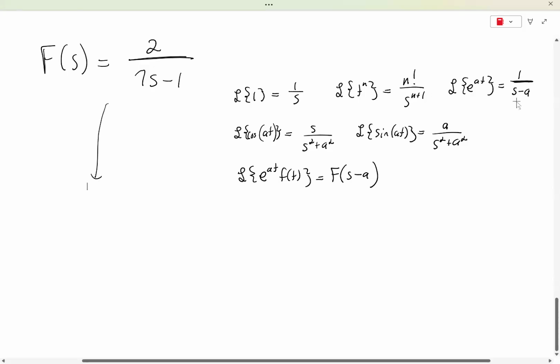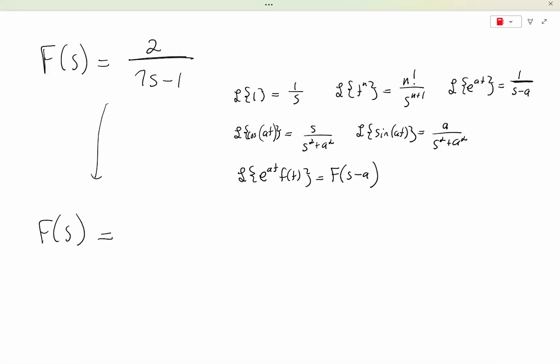For one thing, there's no 7 in front of here. It's just an s minus a. So what you could do here, if you do some factoring, maybe some kind of clever factoring like this, I see a factor like that here.